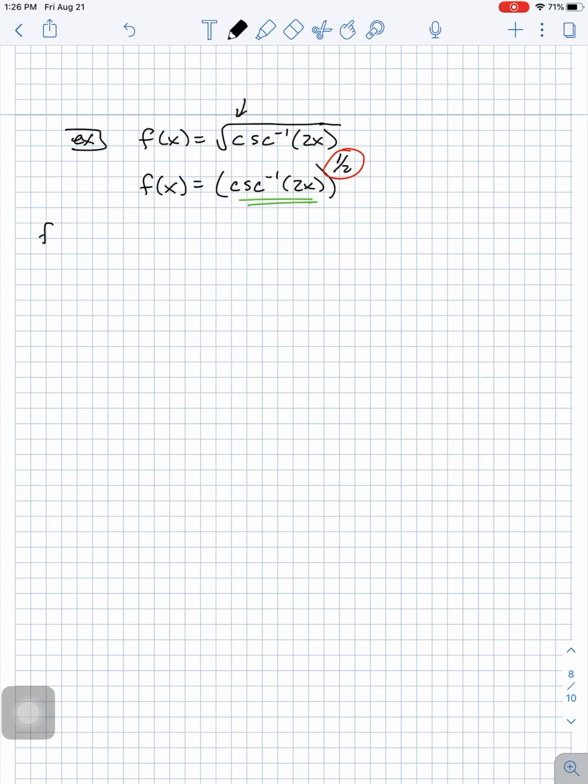All right, so f prime of x is the derivative of the outside function, okay, that's my power rule, evaluated at the inside function, times the derivative of the inside function.